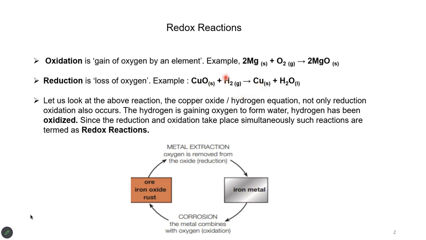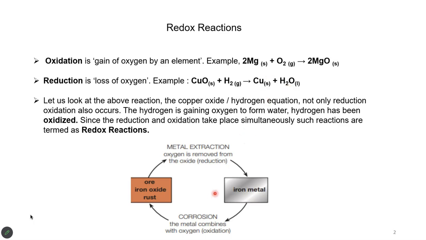However, hydrogen gains oxygen and becomes water, so hydrogen is oxidized here. Therefore, oxidation and reduction take place simultaneously, and this is why we call this type of reaction a redox reaction.